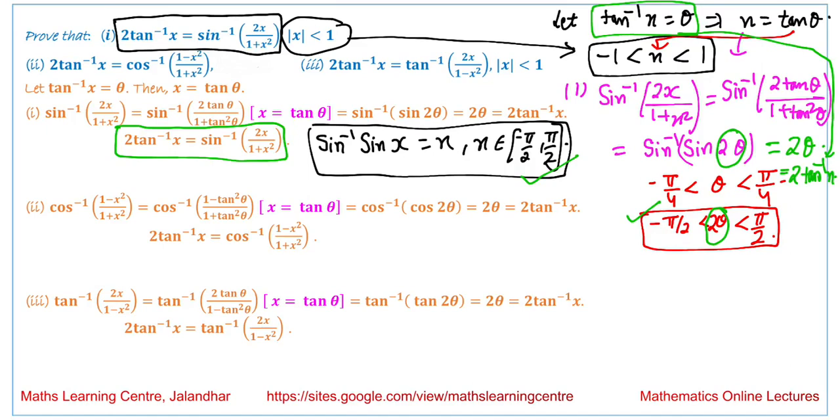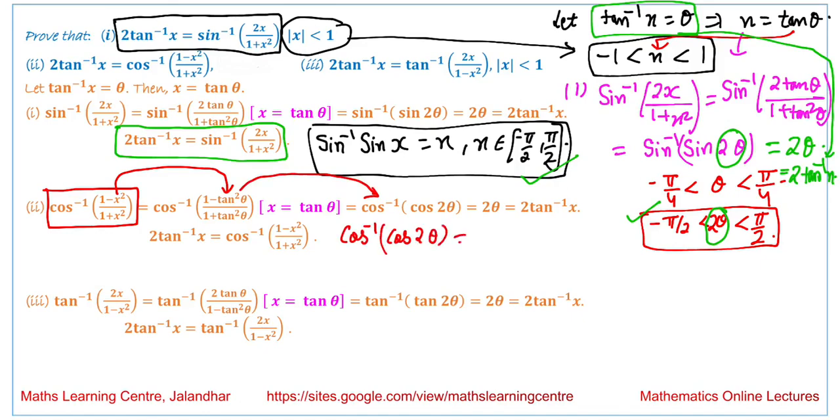Next, we start by solving cos inverse of 1 minus x square over 1 plus x square. In place of x we substitute tan theta. On solving this we obtain cos inverse of cos of 2 theta, and we know that cos inverse of cos of 2 theta is equal to 2 theta when 2 theta belongs to the interval 0 to pi.